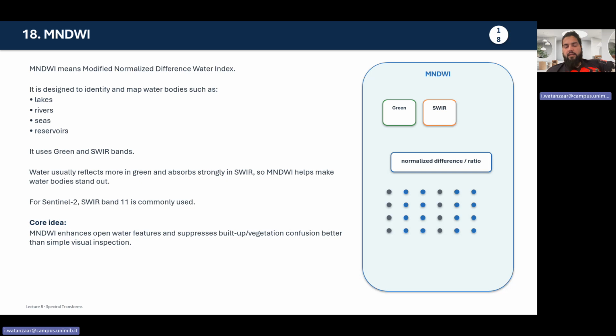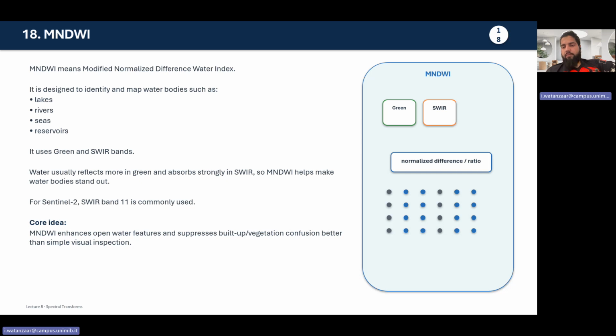It is exactly the reason why we are using the shortwave infrared and the green bands. But here, if you see, this is enhancing open water features and suppressing built-up or vegetation confusion.